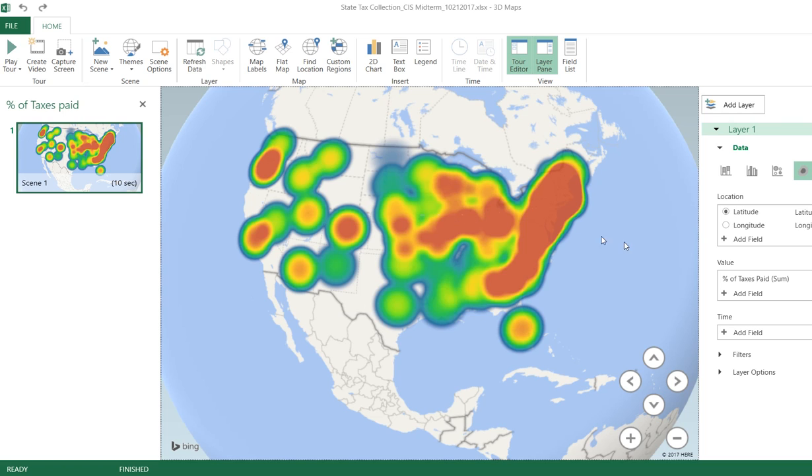The major states have already collected most of the taxes they have to collect. But I guess the states located in the middle of the United States have a certain gap between the taxes collected and taxes to be paid.